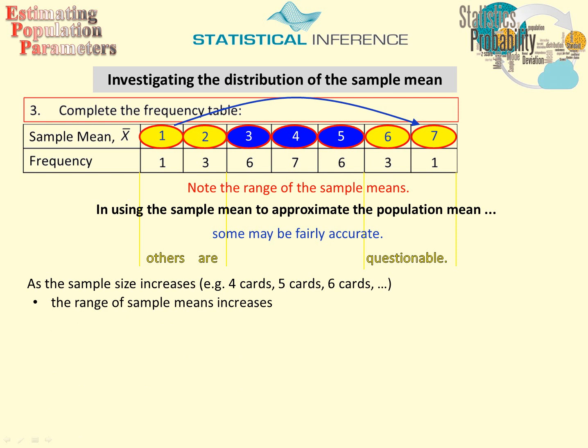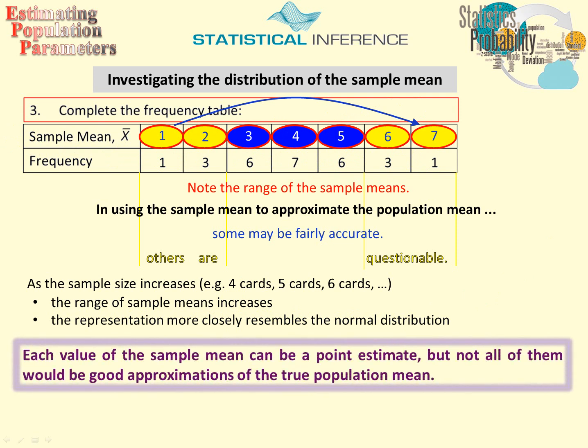The representation more closely represents the normal distribution. Now remember, the range of the means is the frequency. So the frequencies definitely will increase. I mean, there's no way about that. The representation will more closely resemble the normal distribution.